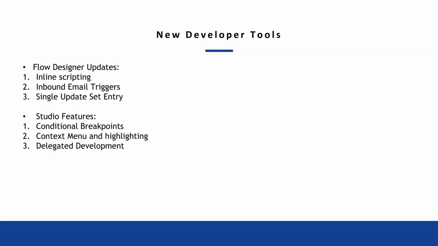So it's a bit more powerful than just an inbound action. And in previous versions of the flow designer, when you created a new flow, you ended up with a whole bunch of updates in your update set. They've consolidated that down, so when you create a new flow, it's just one entry in your update set, which is handy.